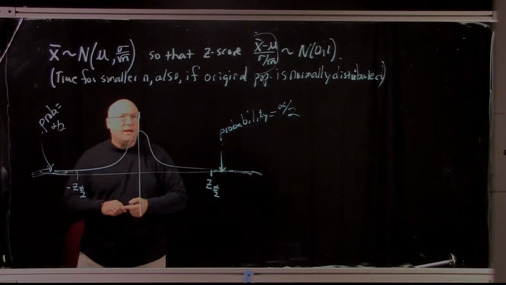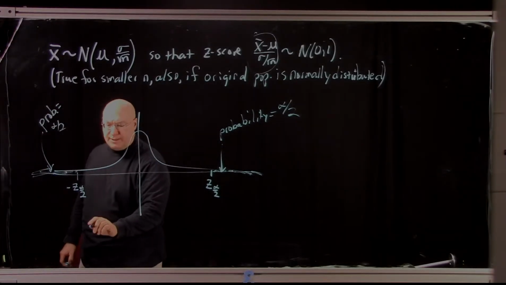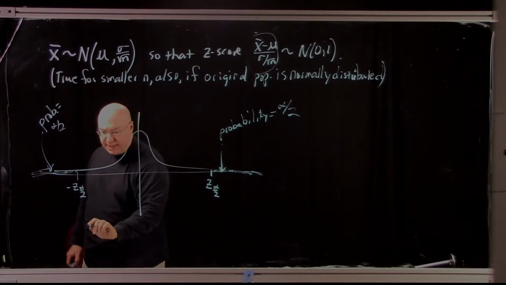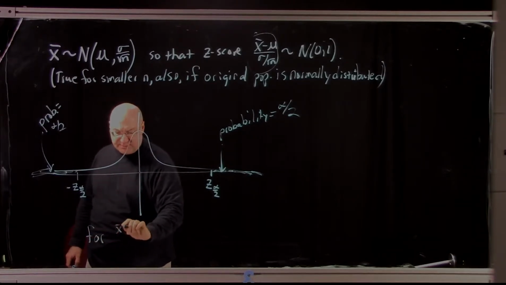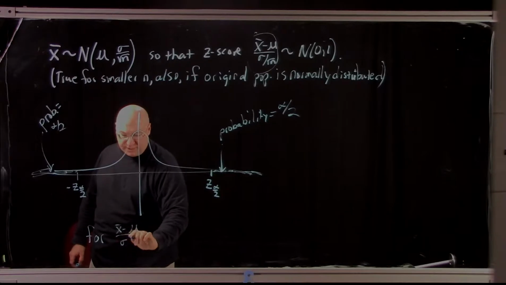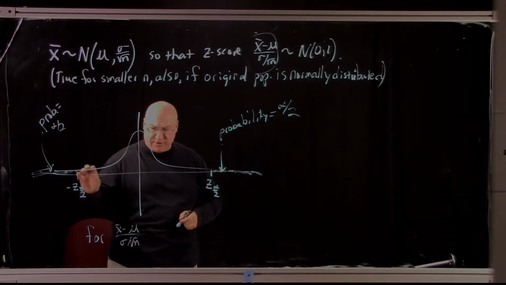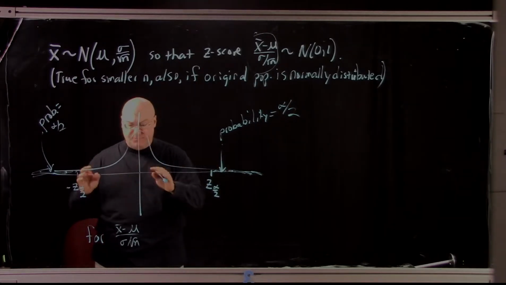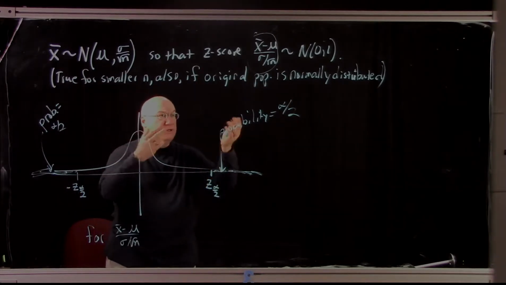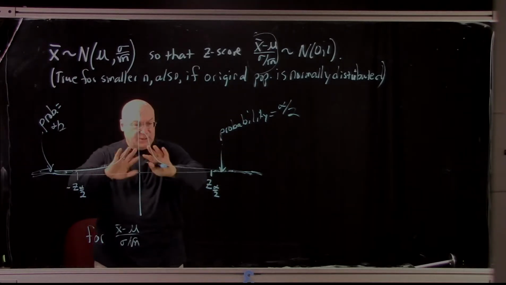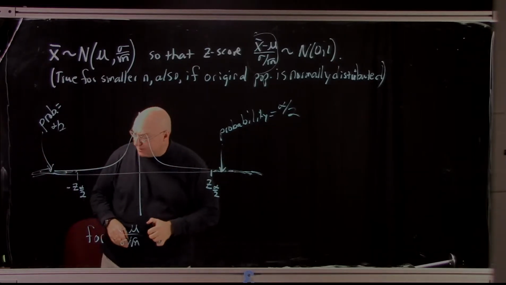And again, the random variable here that we're looking at is the z-score, so this is for x bar minus mu over sigma over the square root of n. We are saying if we have values of this random variable along the real line, if we were to do it millions and millions of times, we would fill out this kind of a probability density curve.